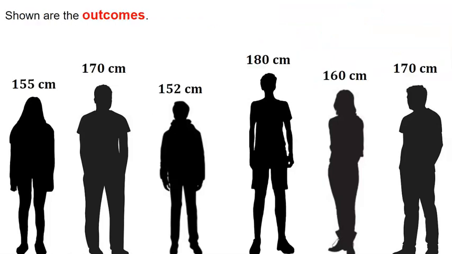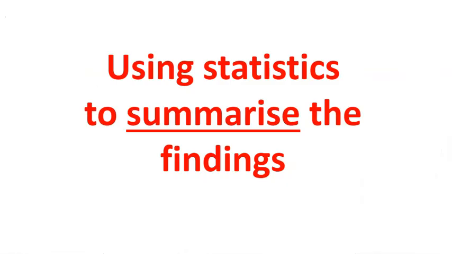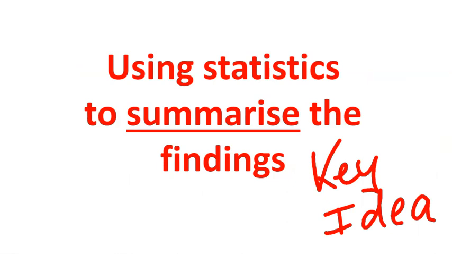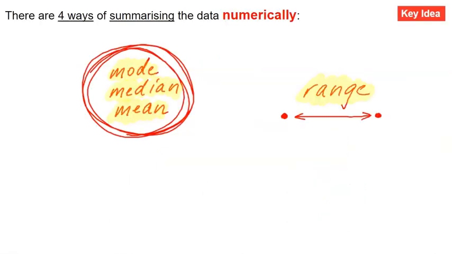And here are the outcomes. A set of numbers. And here we are at the point of this video. We can use statistics to summarize a set of numbers. There are 4 ways of summarizing the data numerically.